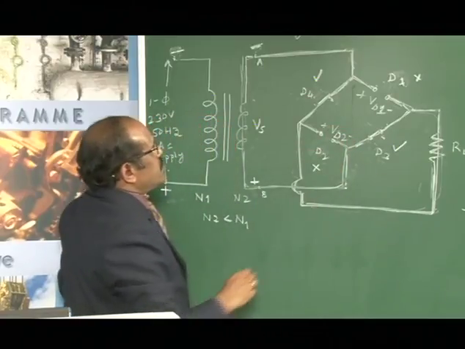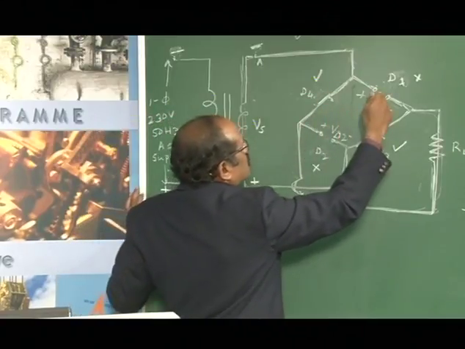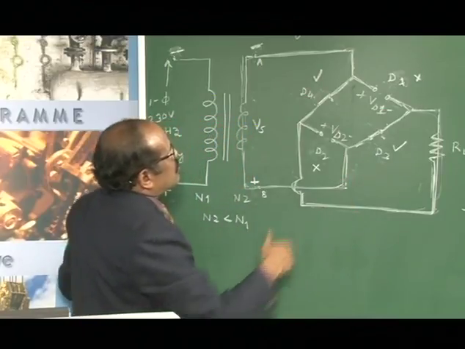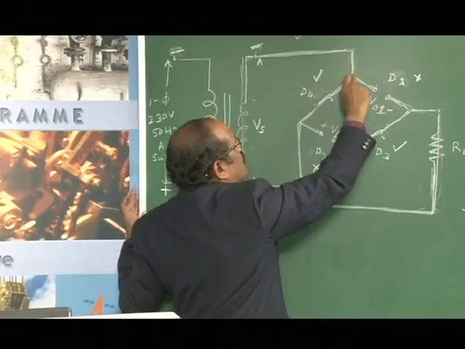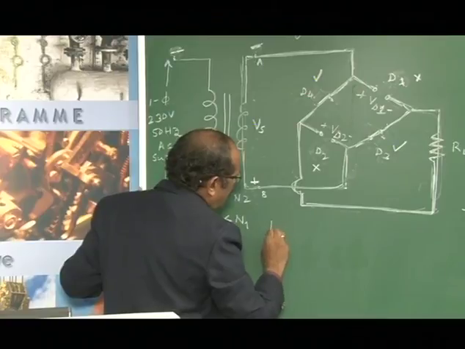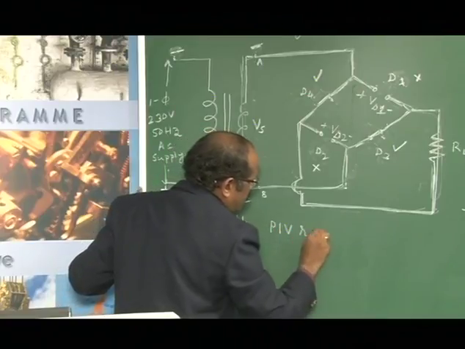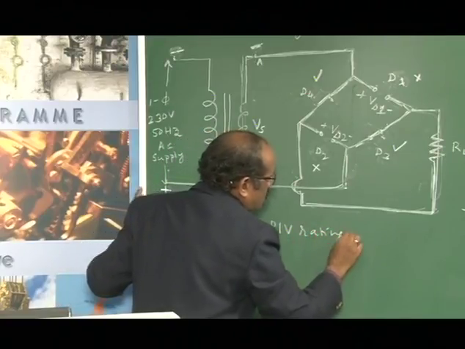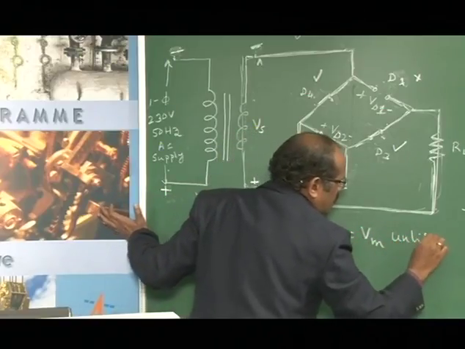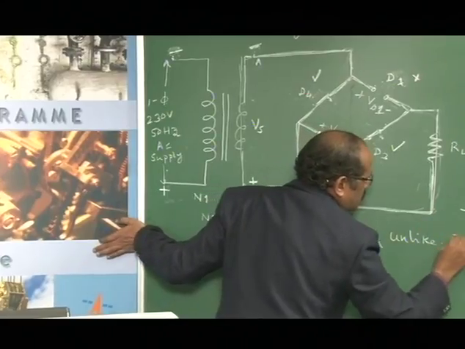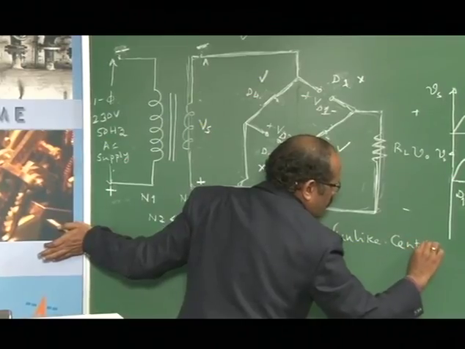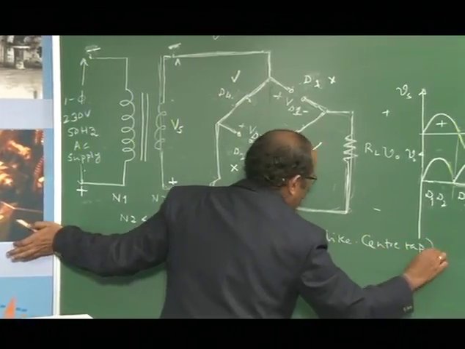In this case, if you apply KVL for the voltage across diode D1, you will come to know that the PIV rating of the diode is just Vm, unlike the center tap configuration, where it is equal to 2 Vm.